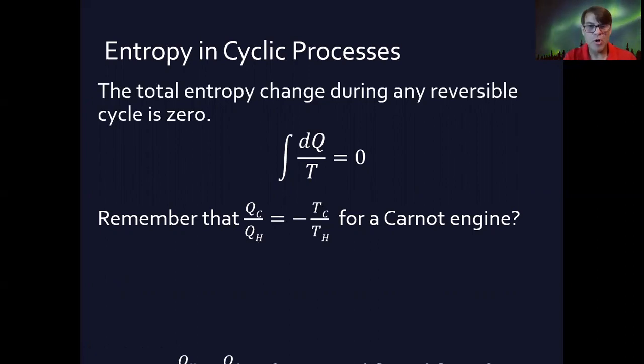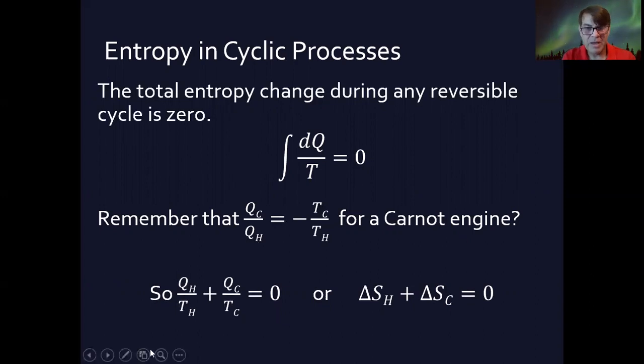All right. So we do a little bit of arranging. We're trying to get to TH over QH. So basically we multiplied both sides by QH, and then we divided both sides by TC, and then we brought the negative onto the same side, and voila, we've got this equation over here, QH over TH plus QC over TC equals 0.